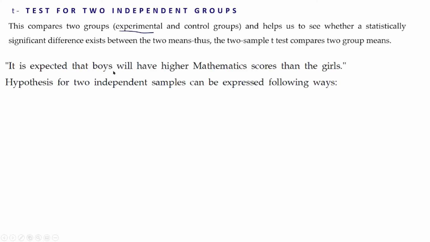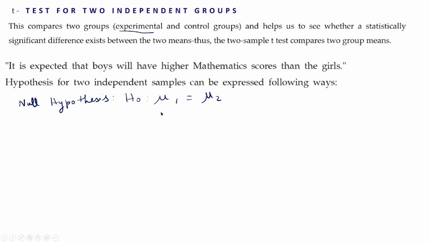If we want to write the hypothesis for this, then we have the null hypothesis H0. Null hypothesis H0 states that there is no significant difference between the mathematics scores of boys and girls. It means mu1 equal to mu2. So that is, the mean mathematics scores of boys and girls are the same.